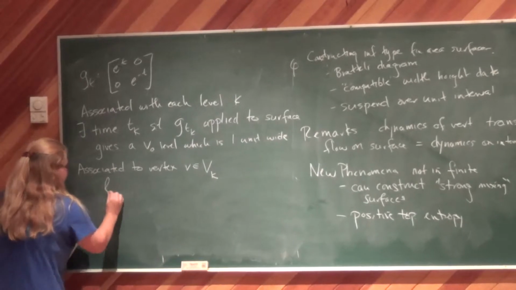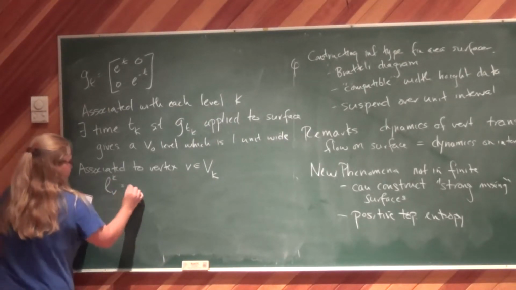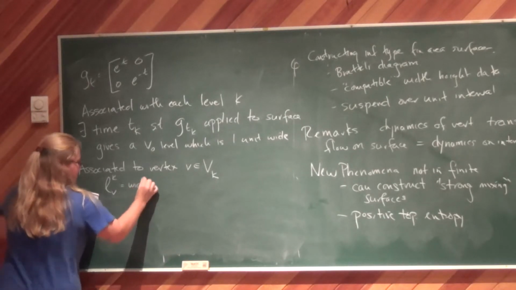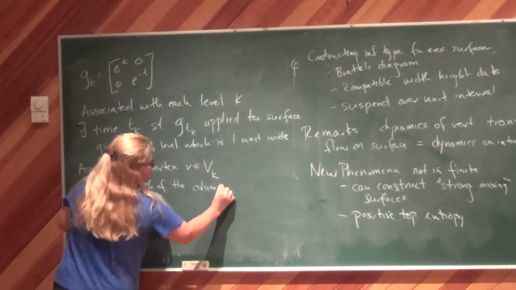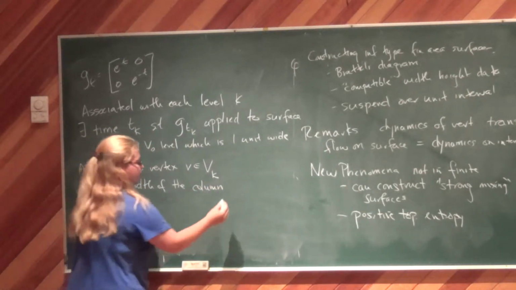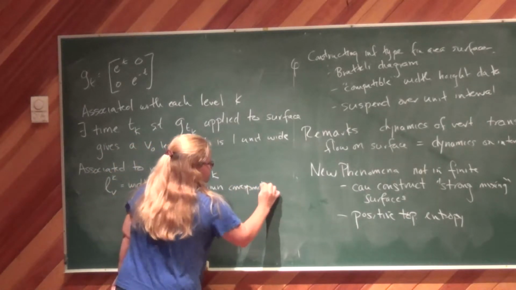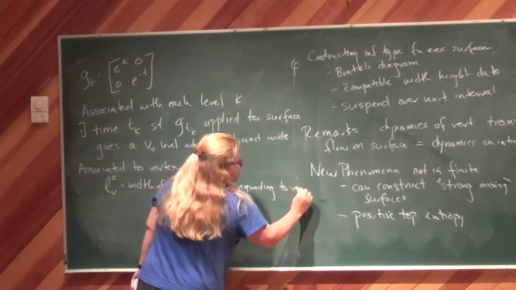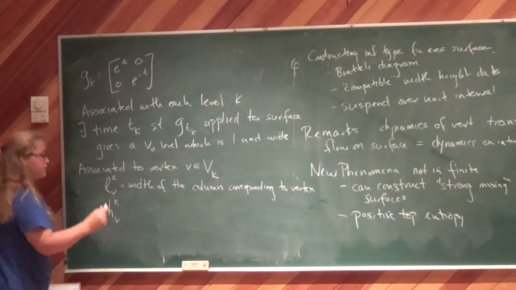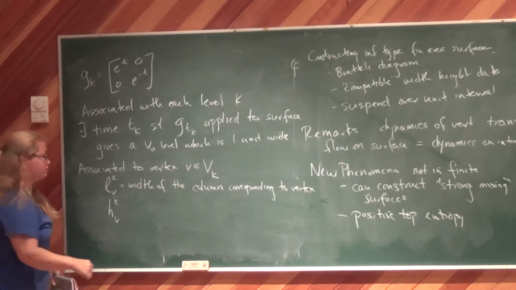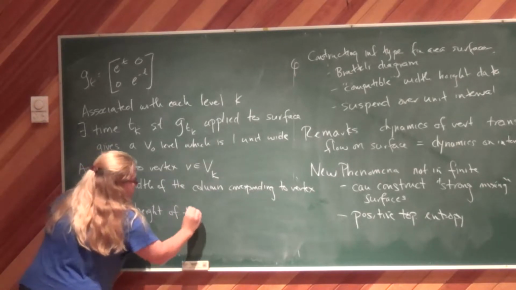There's a subnotation of that, L_V^k, L for length, but it's actually the width of the column corresponding to that vertex. So this is the cutting and stacking column corresponding to that vertex. And there's a height, H_V^k, which is simply the number of levels in that column.